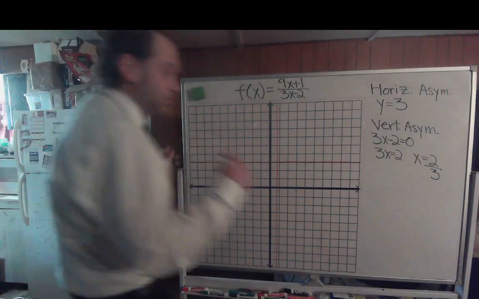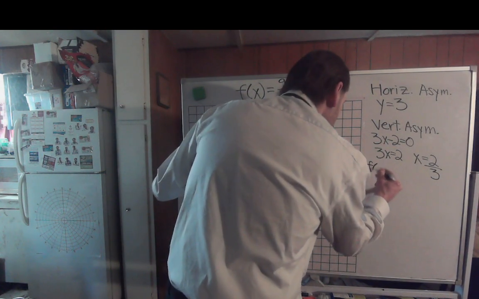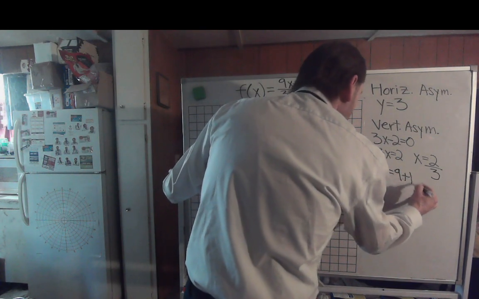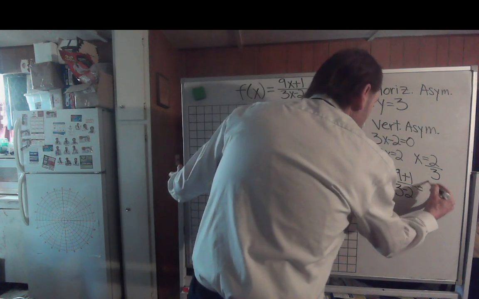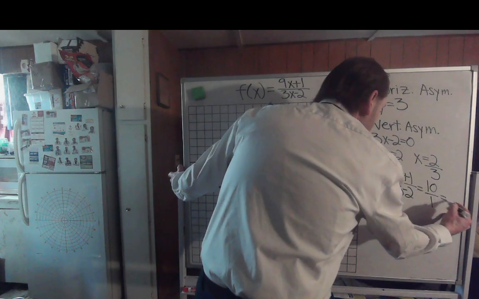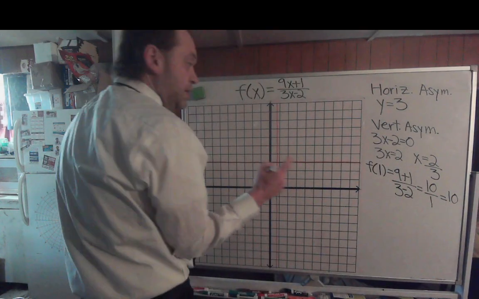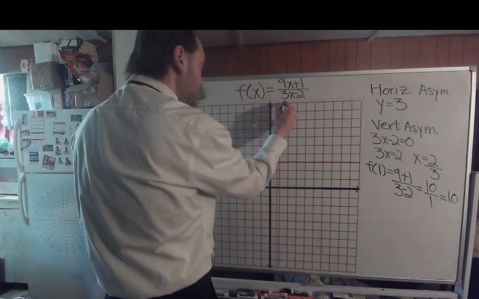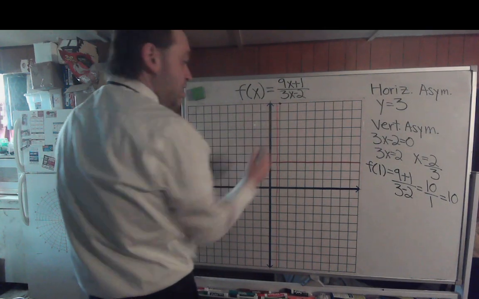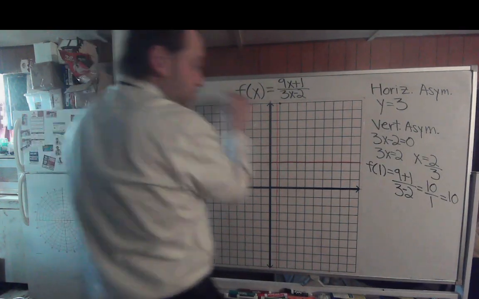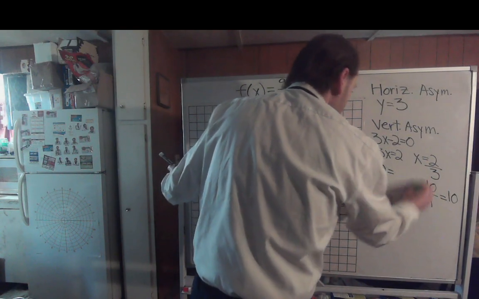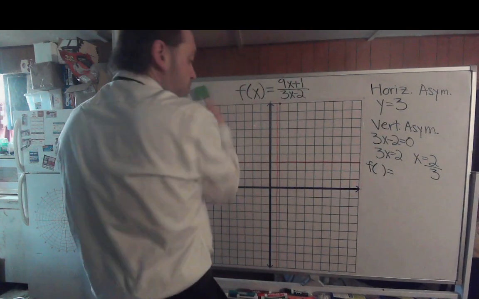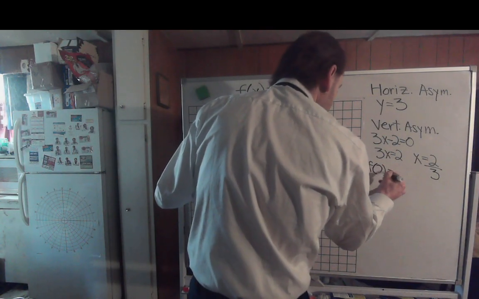Let's pick x equals 1. So if I pick f of 1, I should end up getting 9 plus 1 divided by 3 minus 2, which would give me 10 divided by 1, which would just give me 10. So when x is 1, we're all the way up to 10. Alright, let's pick f of 2. So what is f of 2 when x is 2?